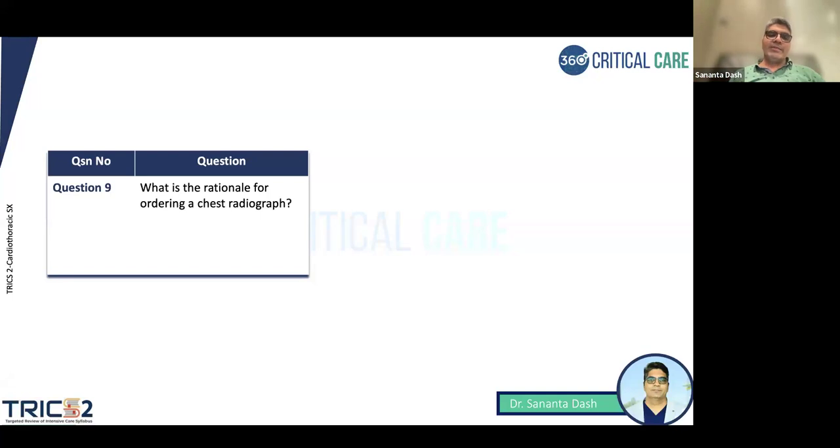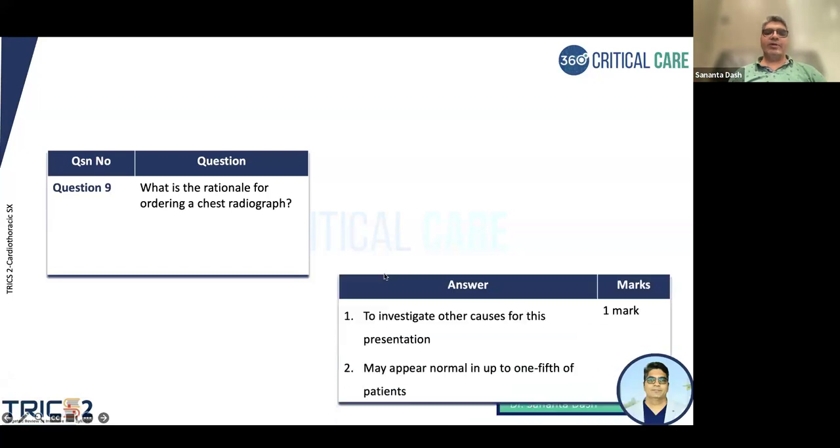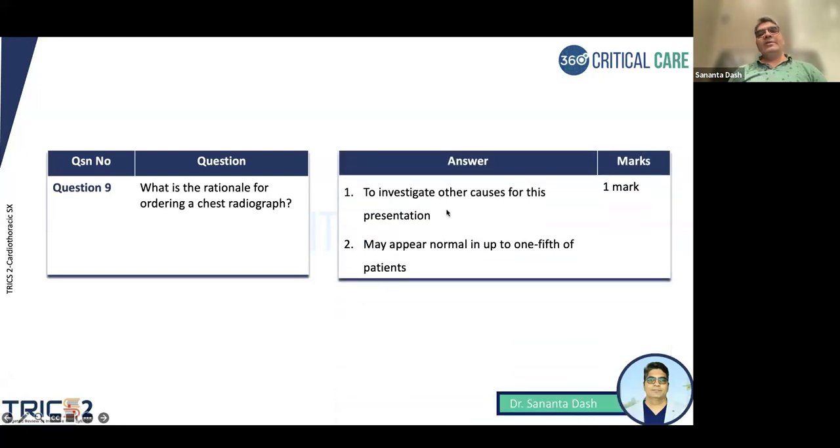To rule out any other pathology, which includes pneumonia or lobar pneumonia, fluid overload, any other pathology such as pleural effusion, pneumothorax, all those things that can mimic pulmonary embolism. That is the reason why we do a chest radiograph. That is correct. To investigate other causes of this presentation. Mostly the X-rays are normal, okay, if it is only a pulmonary embolism.